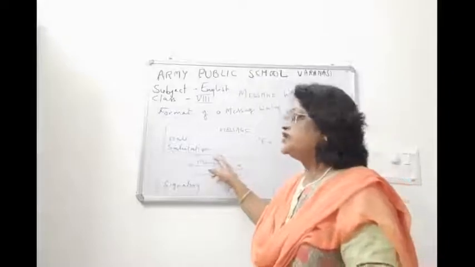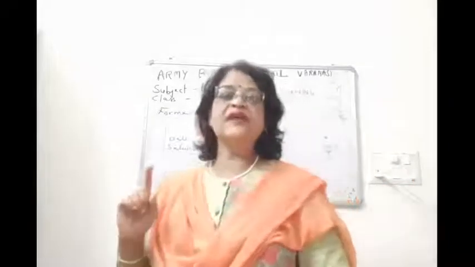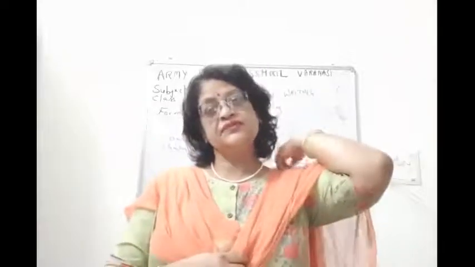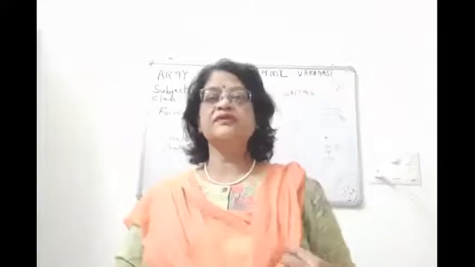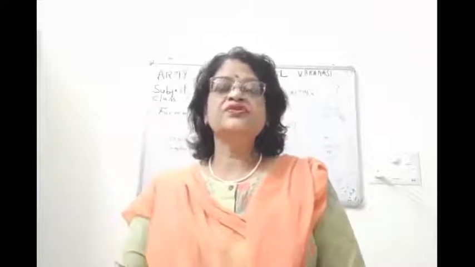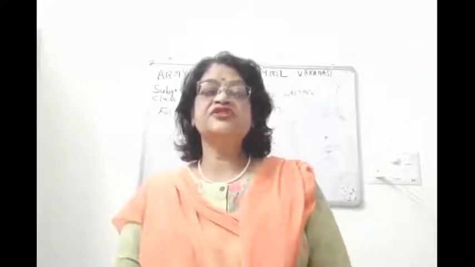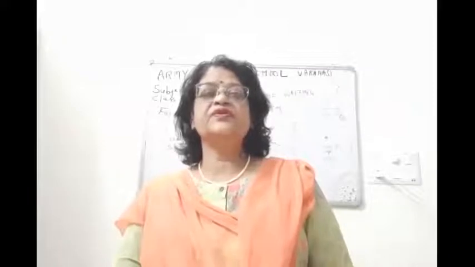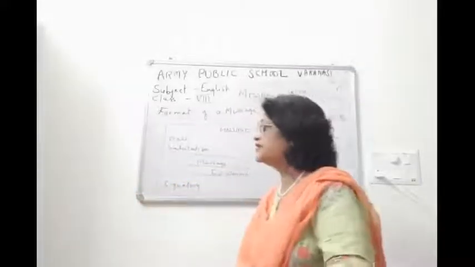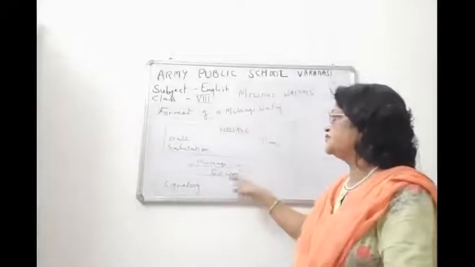Then salutation: you have to write the name of the person who is really supposed to get the message, that means the person who was not present at the time of the message. In salutation you will write the name of the person who is to receive the message. Then the message you have to write in the third person, in indirect speech, in 50 words.